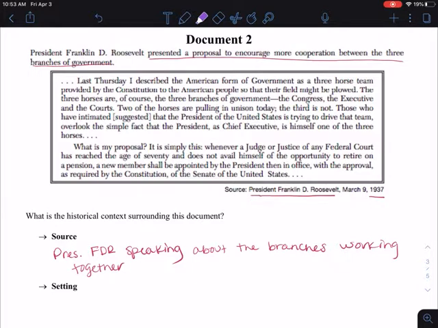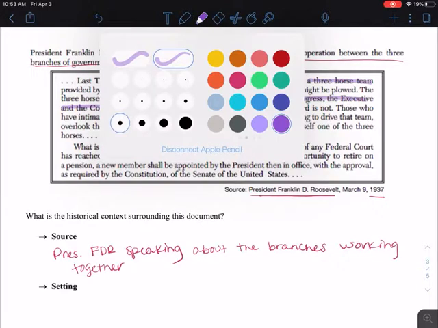Last Thursday, I described the American form of government as a three-horse team provided by the Constitution to the American people so that their field might be plowed. The three horses, of course, are the three branches of government: the Congress, the executive, and the courts. Two of the horses are pulling in unison today.